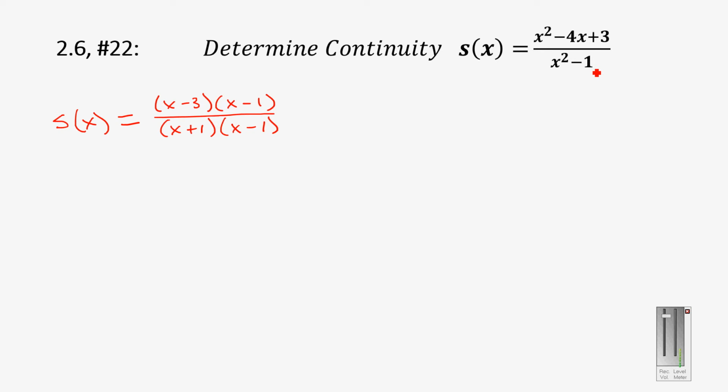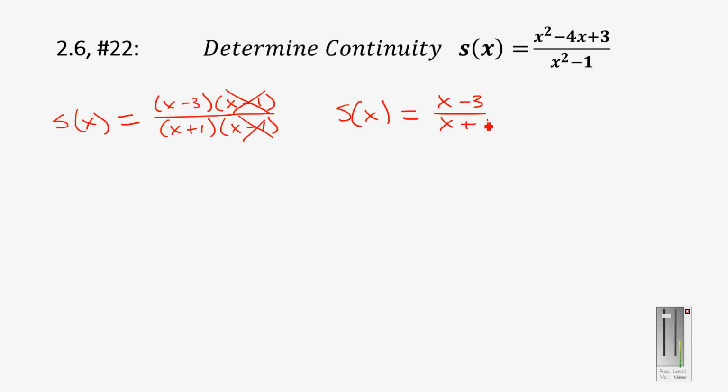All right, so interesting to note here, take a look at what's going on: we end up canceling out an x minus 1 there. So s of x actually is equal to x minus 3 over x plus 1. And now you've got to ask yourself, what is continuity again?